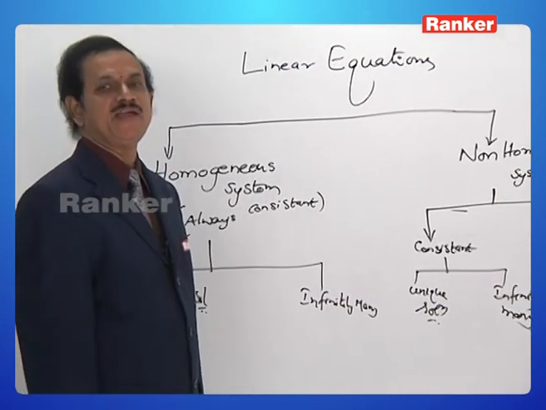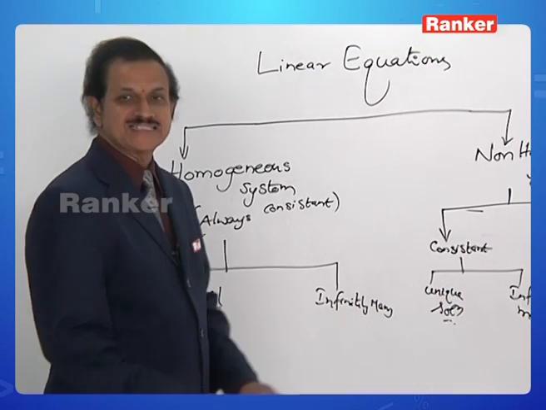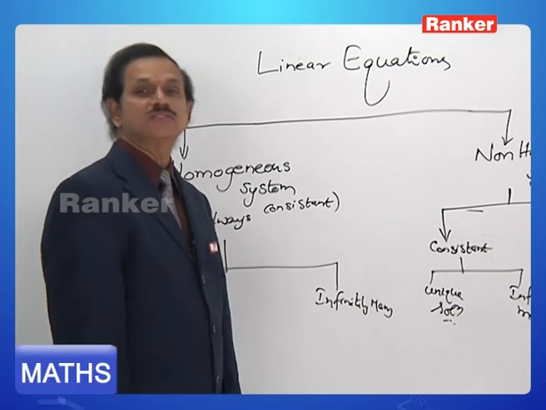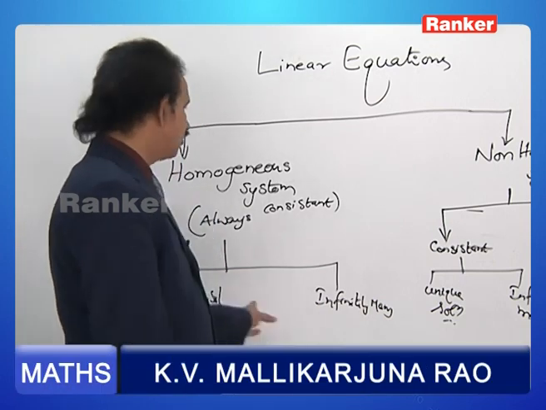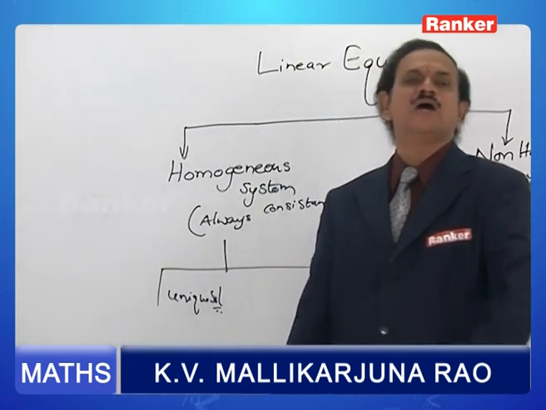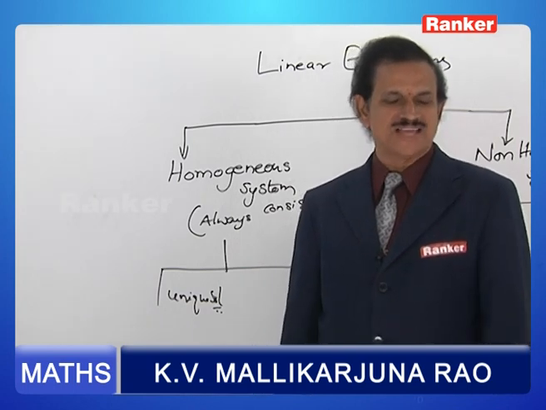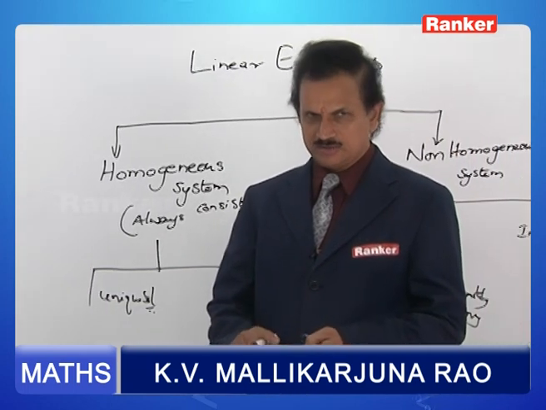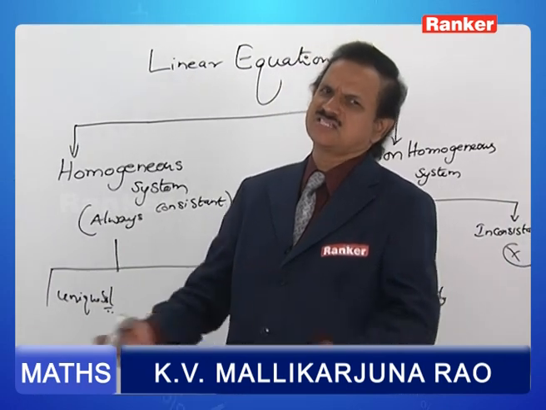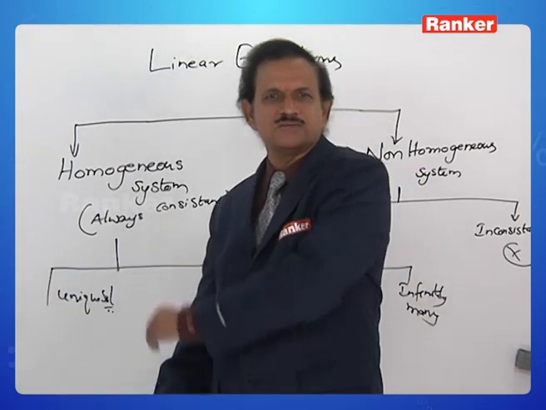Well, to avoid confusion, we shall look at these equations separately. First of all, we shall deal with the homogeneous system of equations. If a homogeneous system of equations is given to us, we are sure to have a solution. What is the solution? Zero solution is a solution. What I mean to say is x equal to 0, y equal to 0, z equal to 0, that is, whatever variables are present in the system, you take every variable 0, and that becomes a solution.